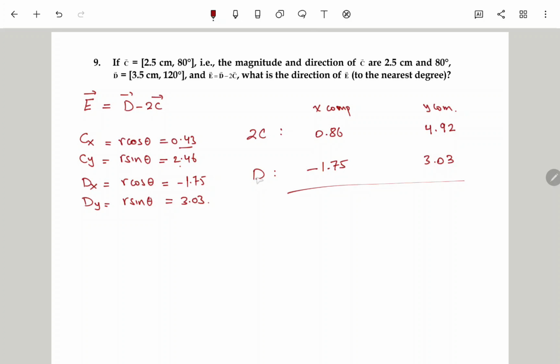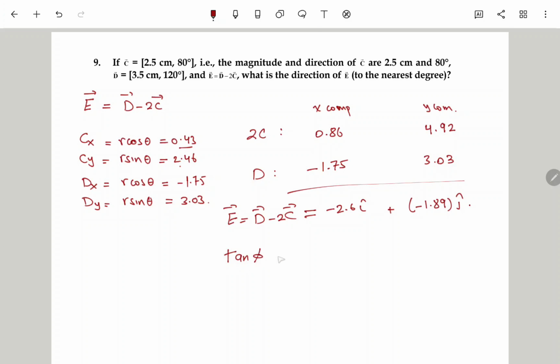Now find D minus 2C. This is E equals D minus 2C, equal to minus 2.6 i hat plus minus 1.89 j hat.